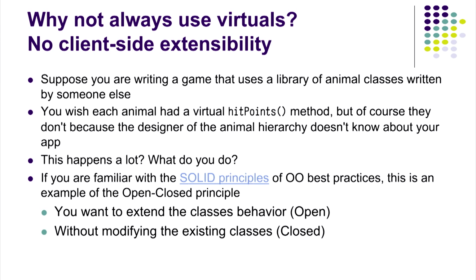So here's another problem with virtuals, which is no client-side extensibility. Suppose you're writing a game using these animal classes, and the animal class hierarchy you got from an animal library, the Boost animal library, or something like that. And now, for your game, you wish each animal had a virtual hit points method. But of course, they don't, because the designer of that hierarchy doesn't know about your app.